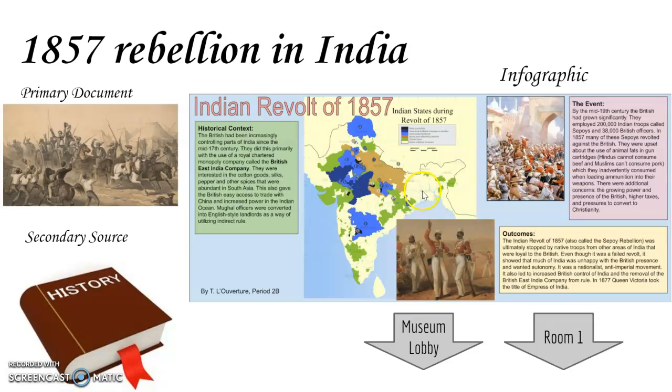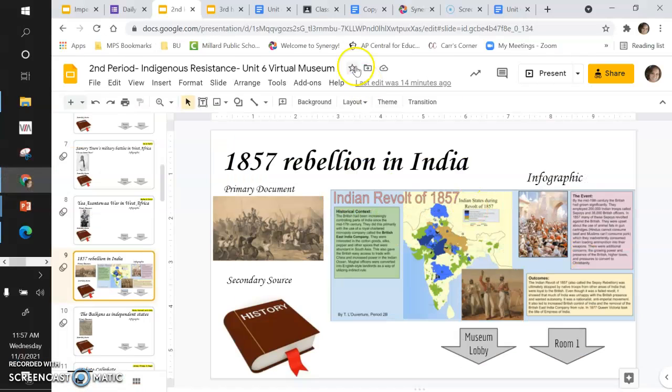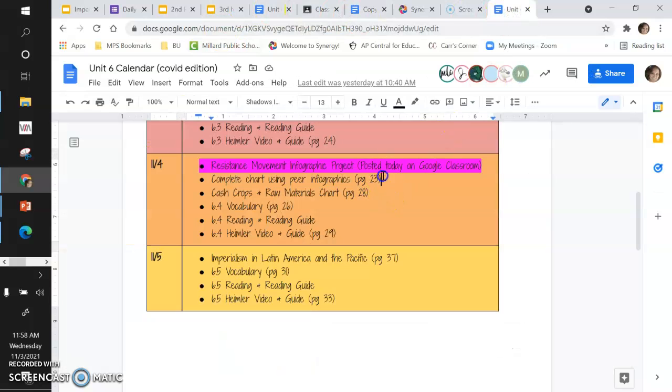It was submitted by a teacher that I stole this project from and edited it. But I have information about the historical context, so contextualization here. I have a map of what happened, some other pictures. I have a summary of the event, and then what the outcome or consequences were. All of this information is what's going to help you fill out the chart on, I believe, page 23 of your interactive notebook.